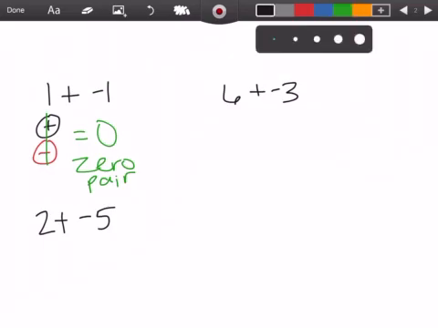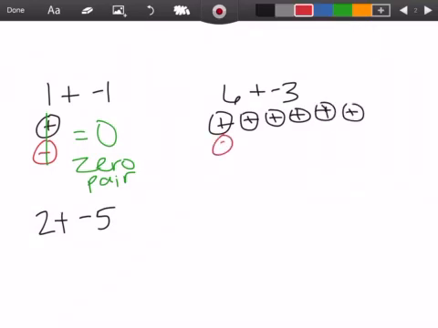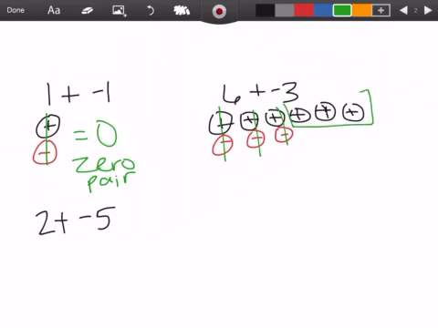So on my next example, I'm starting with 6 positives. And I'm going to add to that 3 negatives. Now you should see that I have some 0 pairs. I have 3 0 pairs. So I'm going to take away those 3 0 pairs, and what I'm left with is my answer.